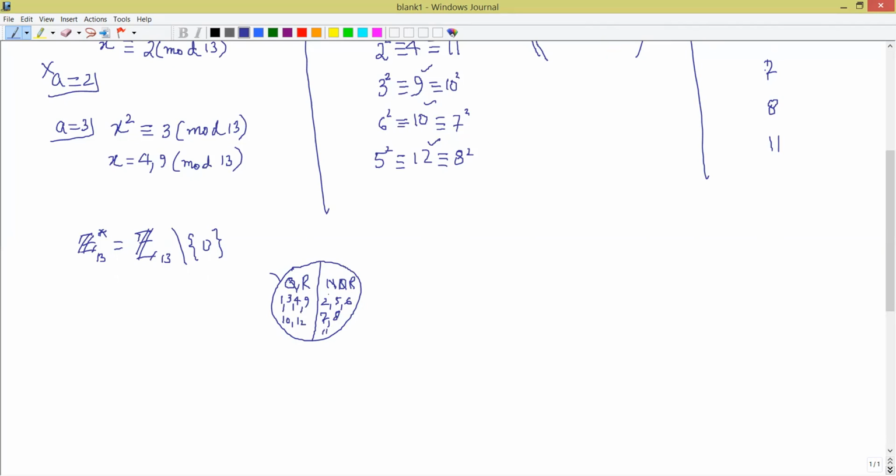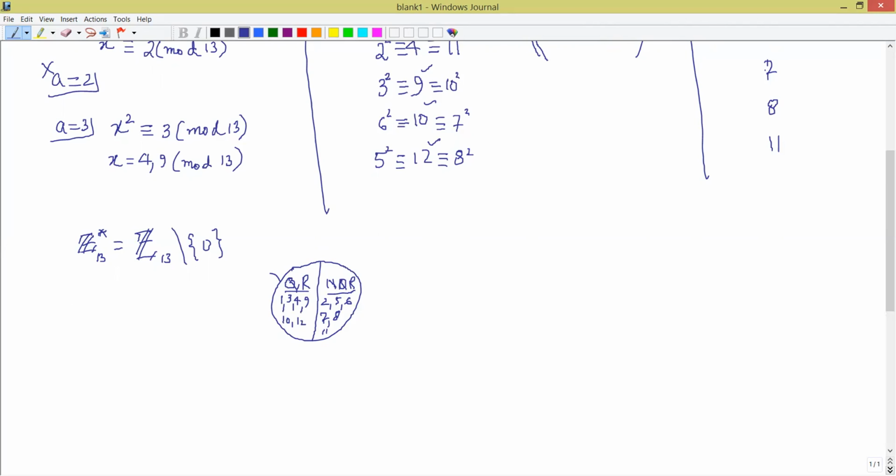So this set Z13 star is partitioned by quadratic residues and non-quadratic residues.